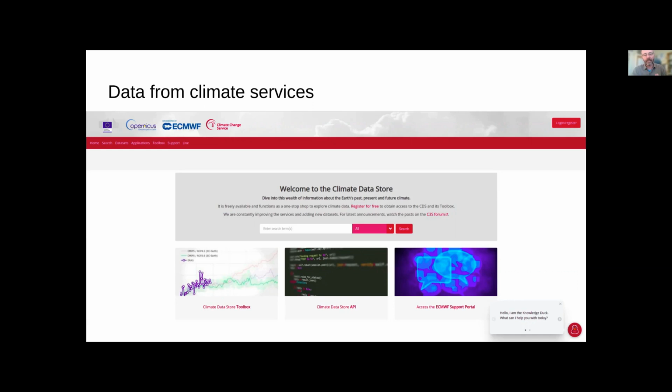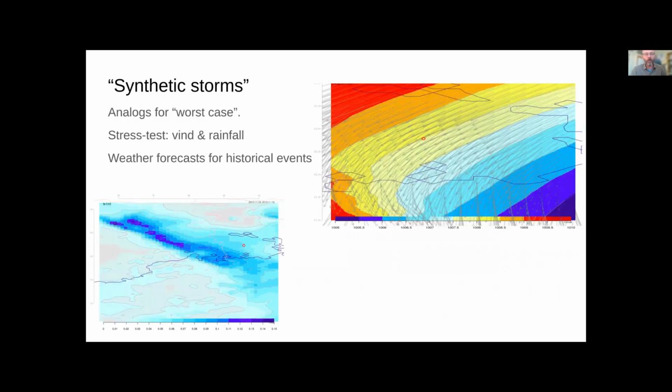And then we took the case of Hurricane Matthew that hit Haiti in 2016, and we took the wind fields from this event. Here's Khulna here. So you can see the winds blowing here, and also the rainfall associated with this event, and moved it to Khulna to see what happened.